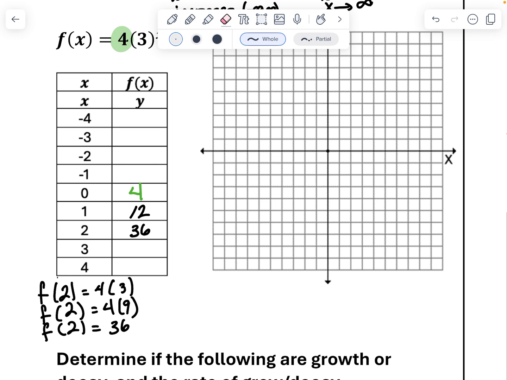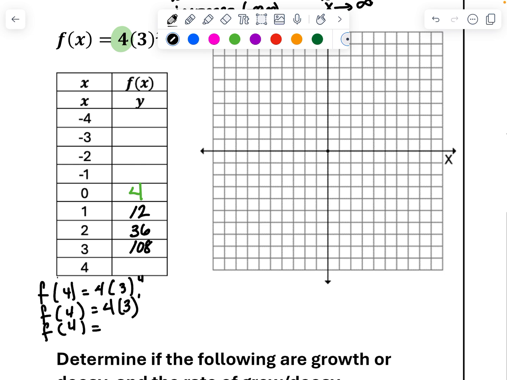Let's put in another number and see if the pattern holds. Let's let x be 3. If we let x be 3, 3 times 3 is 9 times 3 is 27, and 27 times 4 is 108. Let's try one more. Let's let x equal 4. Put 4 in each of these places.